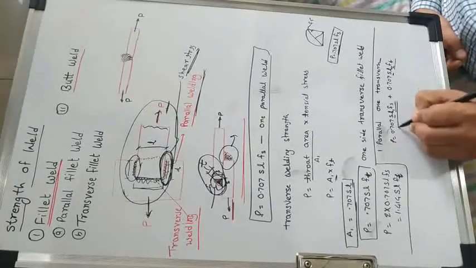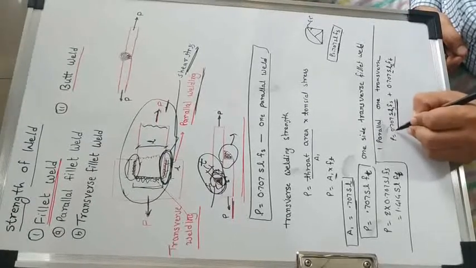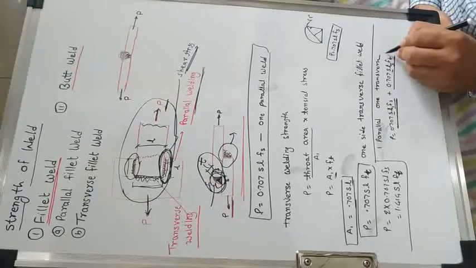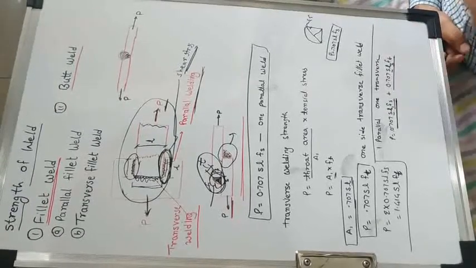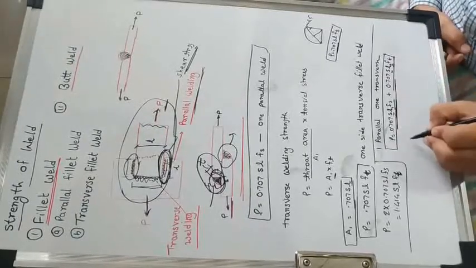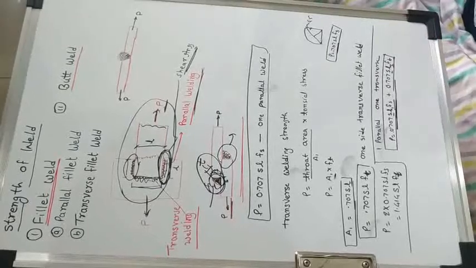If it is two parallel weldings, then we multiply by 2. If it is two transverse, then we multiply by 2 here. Otherwise this is the equation. So we have seen fillet welding here.